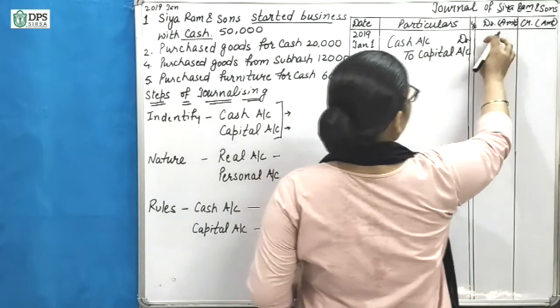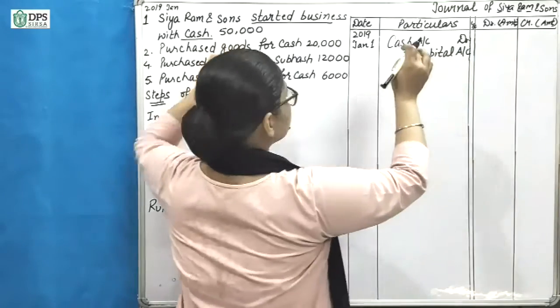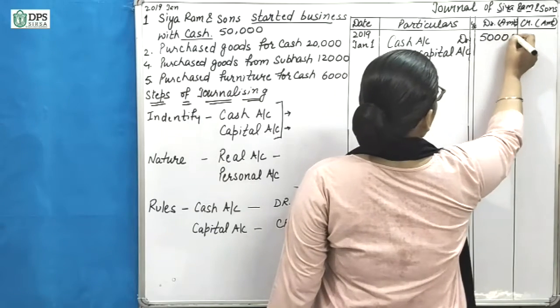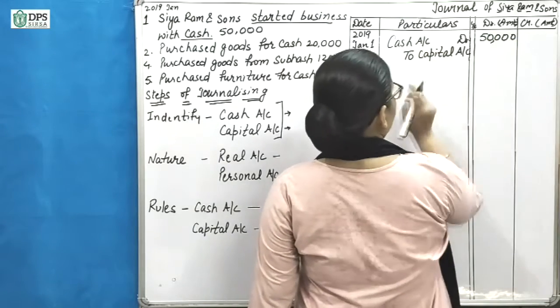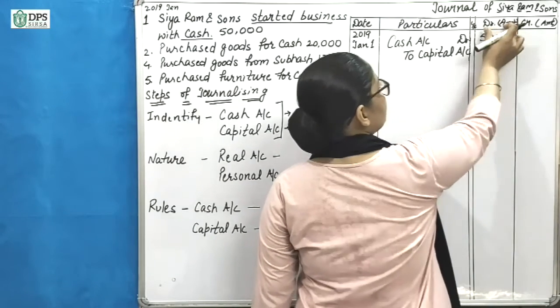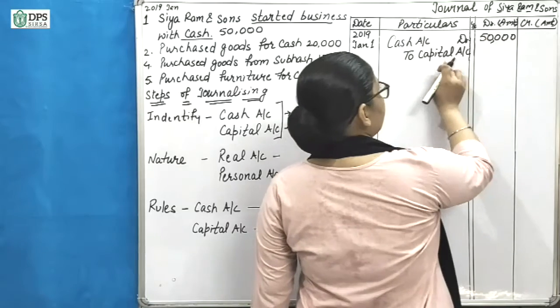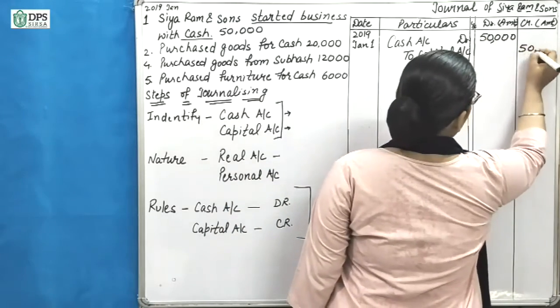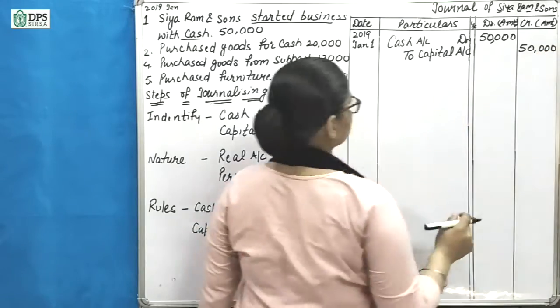and then we will write the amount. The amount is 50,000. So we will write here 50,000, and this 50,000 belongs to cash, and we will write here in the debit column, and in capital we will write the amount in the credit column, 50,000.